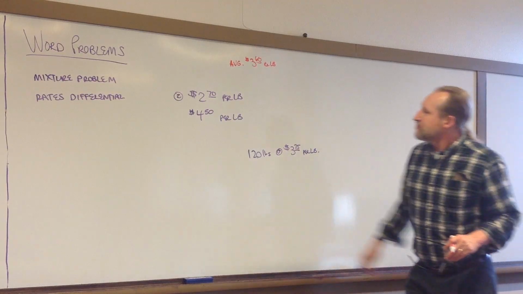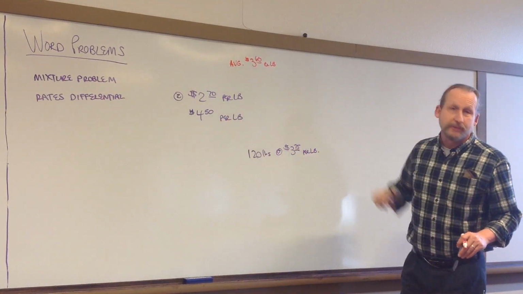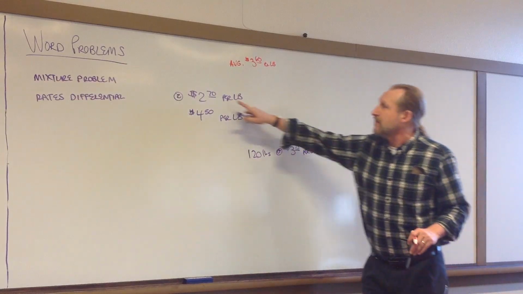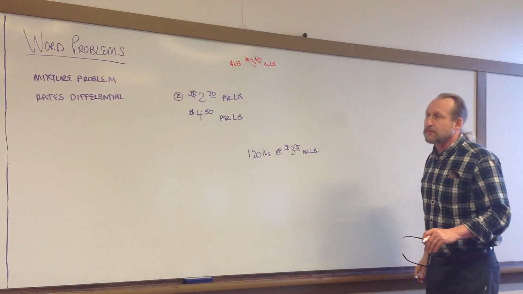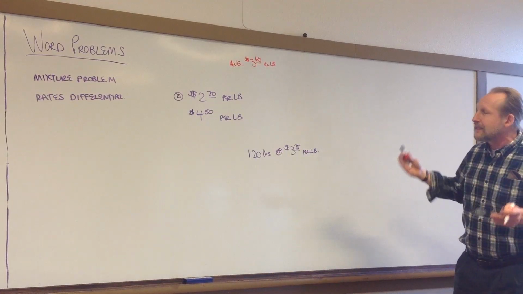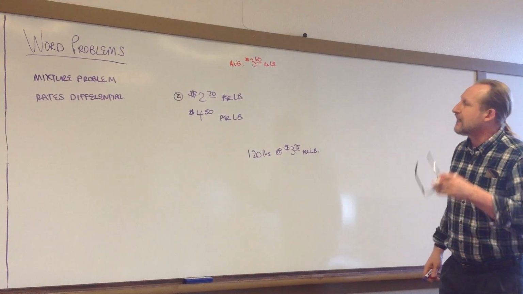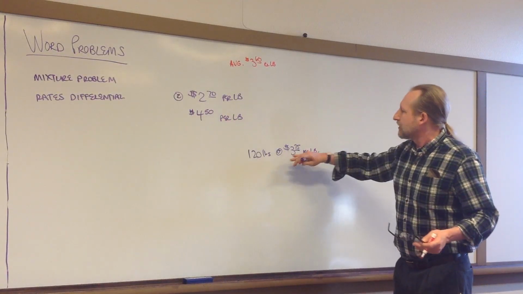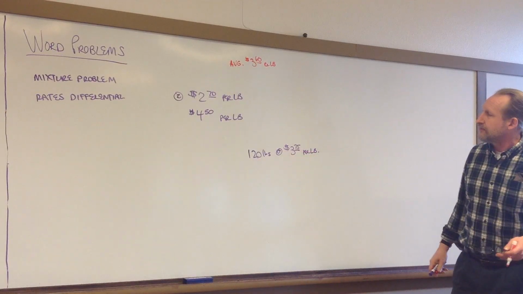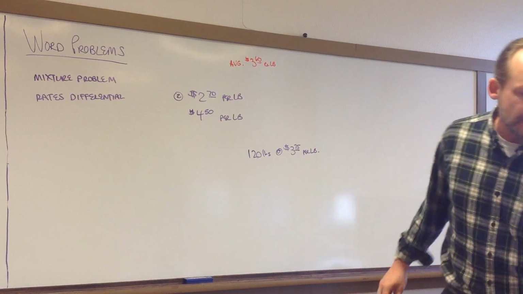Now, if you have more of the expensive one, you're going to be charging more than $3.60 a pound. If you have more of the cheaper ones, you're going to be charging less than $3.60 a pound, okay? Now, exactly where that happens is what we're going to solve for, okay? Exactly how much more of the expensive one is going to produce a price of $3.75. That's the equation that we're going to write, okay?